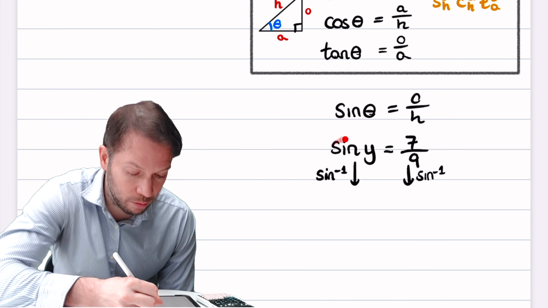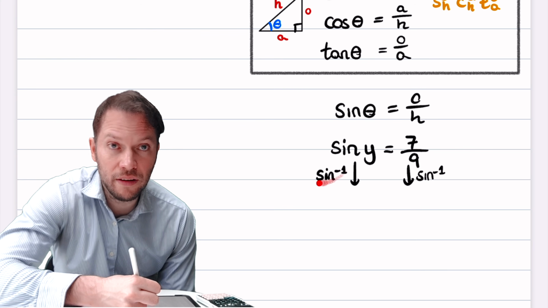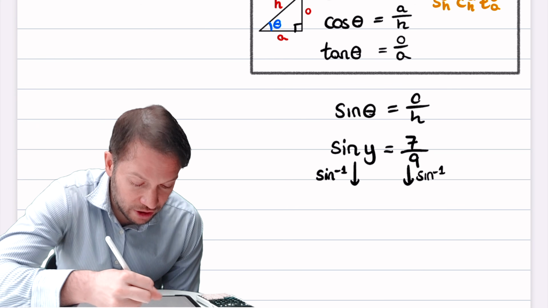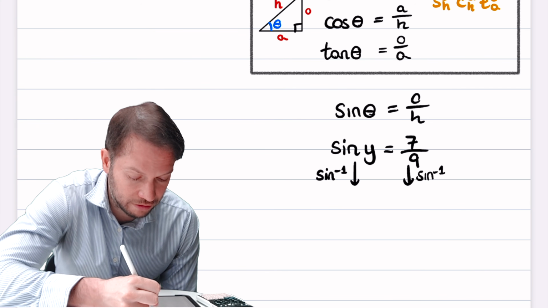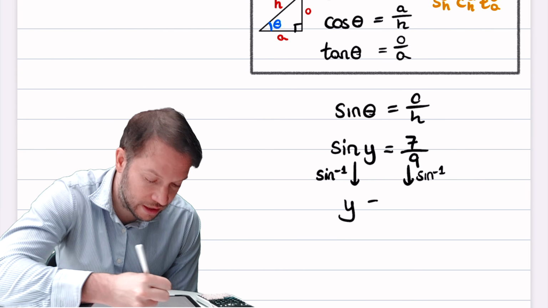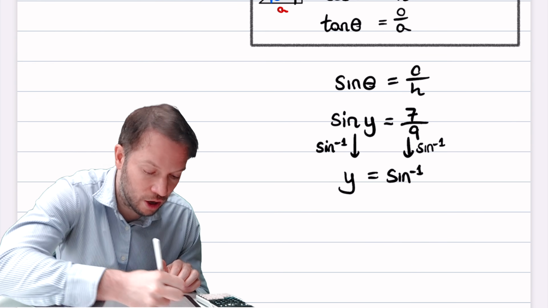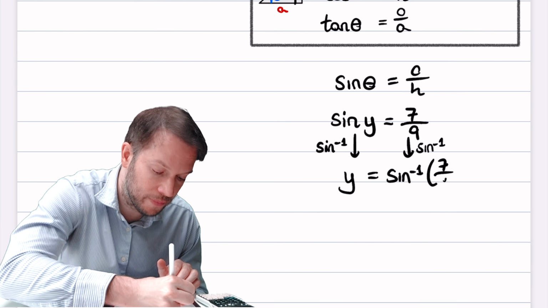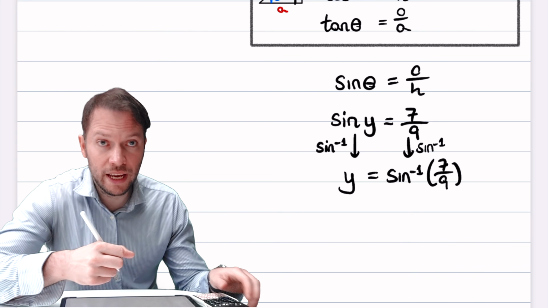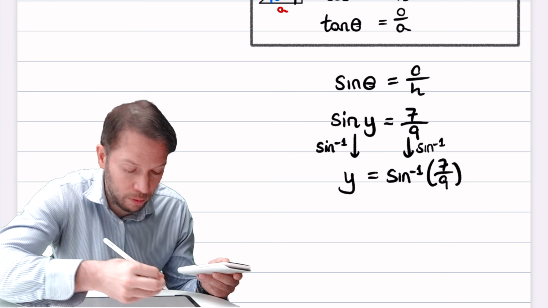So if you've got sine of y, to undo the sine, you do the inverse sine, written like this. So if we do the inverse sine of the left-hand side, it cancels out this sine, just leaving y here. And then the right-hand side, we're going to do inverse sine, sine -1, of 7 over 9. Now, to get inverse sine on your calculator, you just need to press shift and then sine, or your model might work differently.